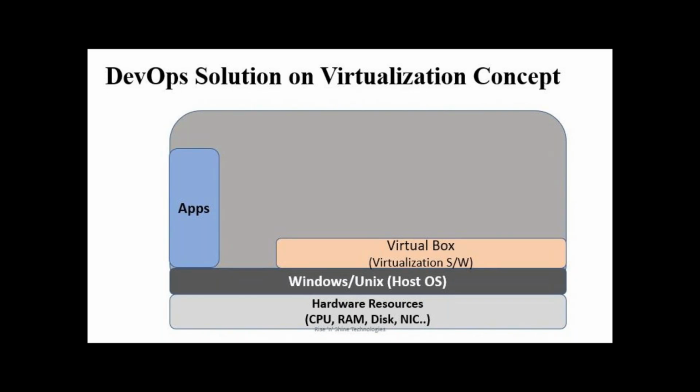What is the software we are going to talk about here? It is VirtualBox. Who is the vendor? It is the Oracle team. We need to install VirtualBox first, then we can launch virtual machines like an Ubuntu machine or a CentOS machine if required.